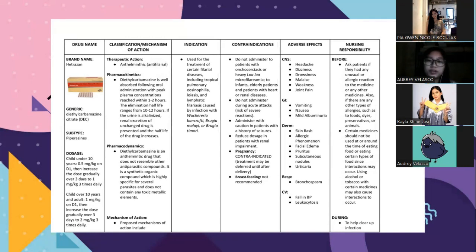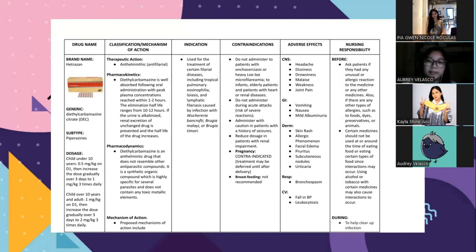The elimination half-life ranges from 10 to 12 hours if the urine is alkalinized, with pH above 7 and up. Renal excretion of uncharged drug is prevented and the half-life of the drug increases.